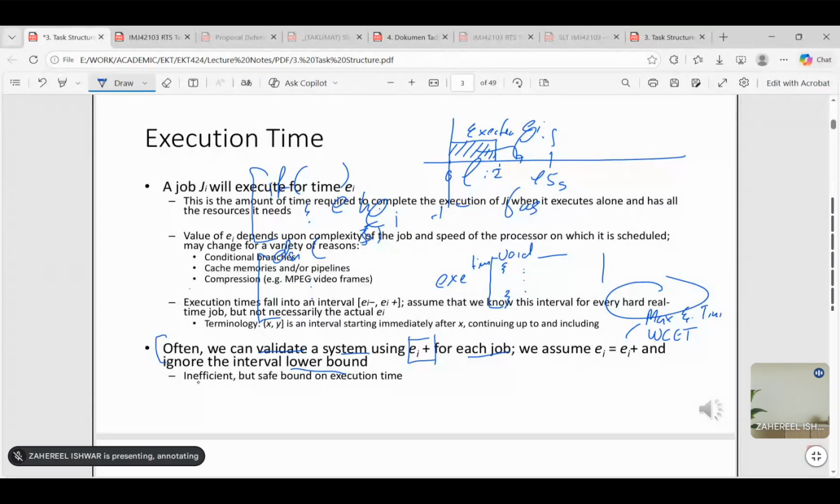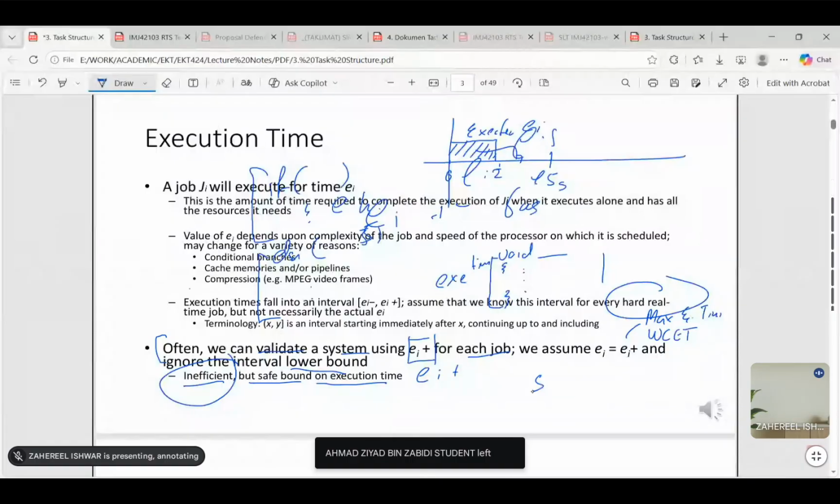Look at the comment below here. Inefficient but safe bound. Why do we say that? Taking E sub I plus is inefficient, because it takes the maximum amount of time. And that maximum may not happen all the time. Again, most of the time it will be, let's say, 5.